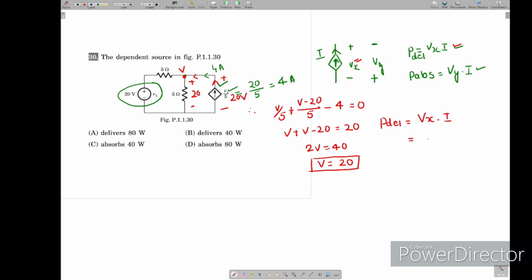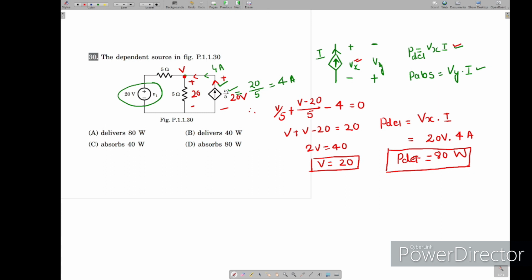What is Vx? We got 20 volts, times I, how much? 4 amps. So 80, V into A. P delivered is 80 watts. So for this question the answer is 80 watts.